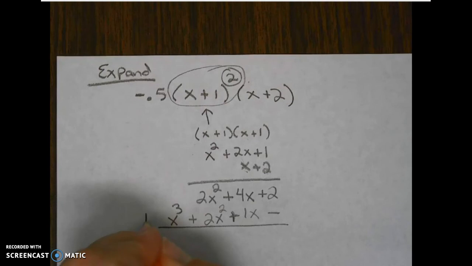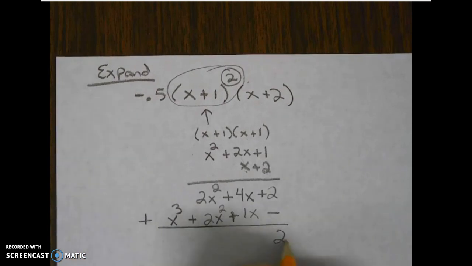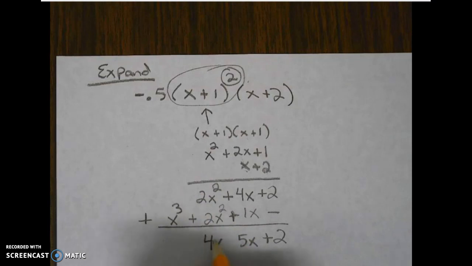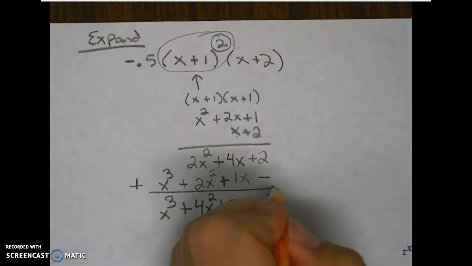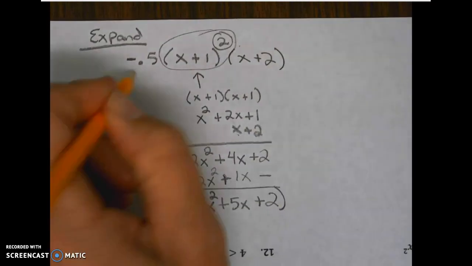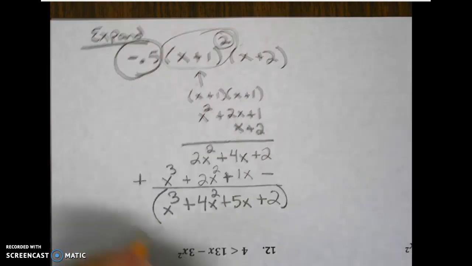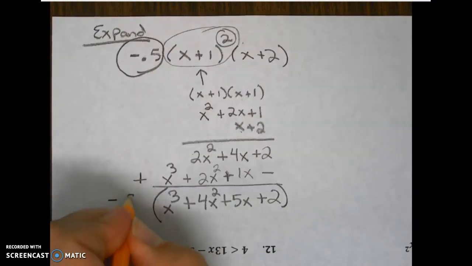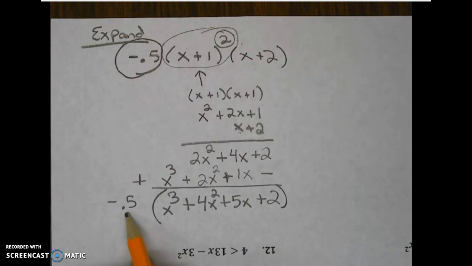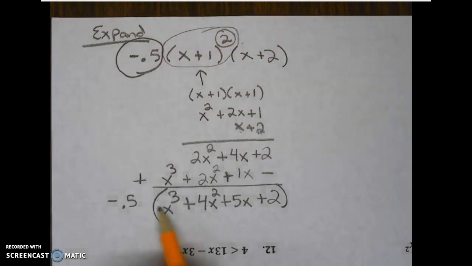Okay? Adding them together, we get 2, 5x, 4x squared, x cubed. Finally, I would multiply this times the negative 0.5. So when multiplying by a number, you're only multiplying the coefficients by this number.